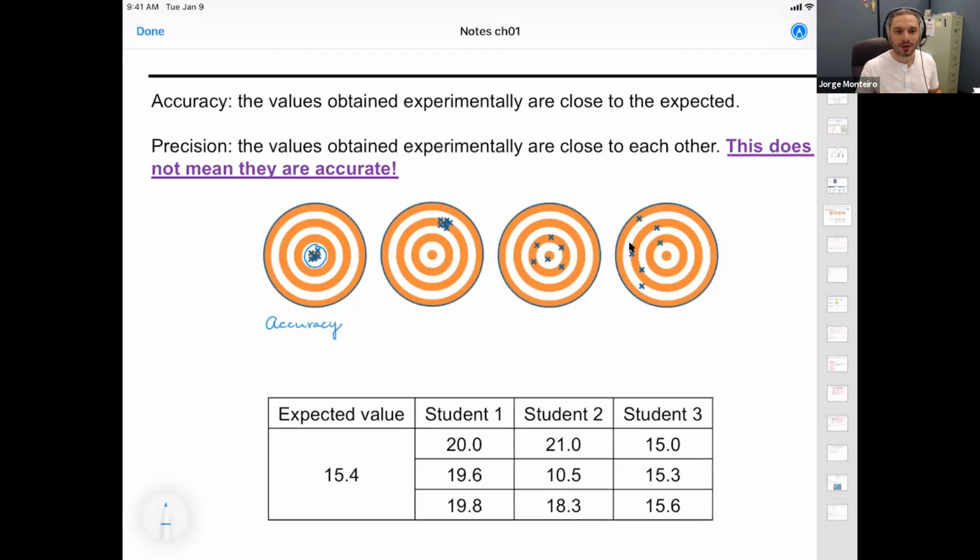Now, the second question is this person precise? If all the values are close to each other, not scattered, the person is precise. See here, all the darts are right at the center. So that means this person is accurate and there is also precision.